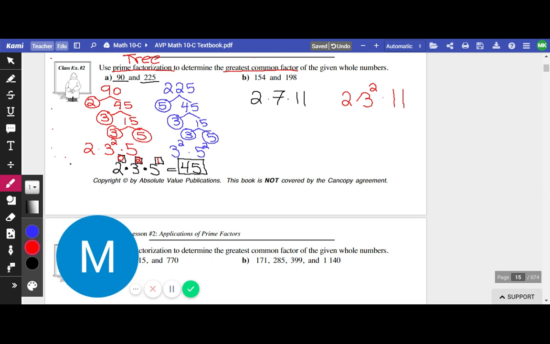Right, those are my two product of primes for 154 and 198. Our goal is to find the greatest common factor using this information.